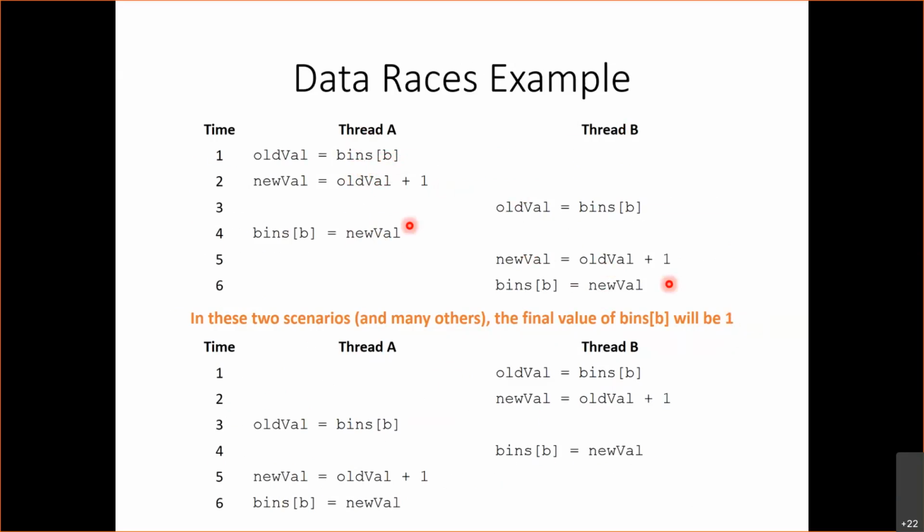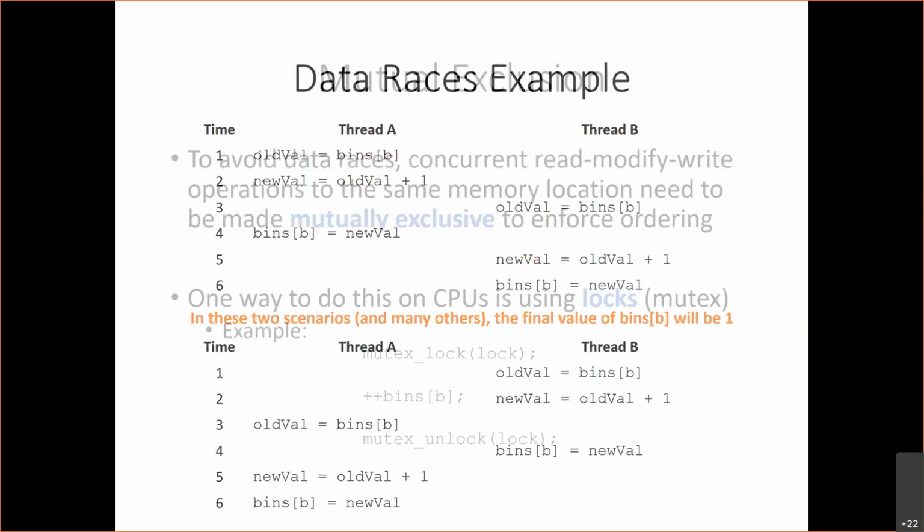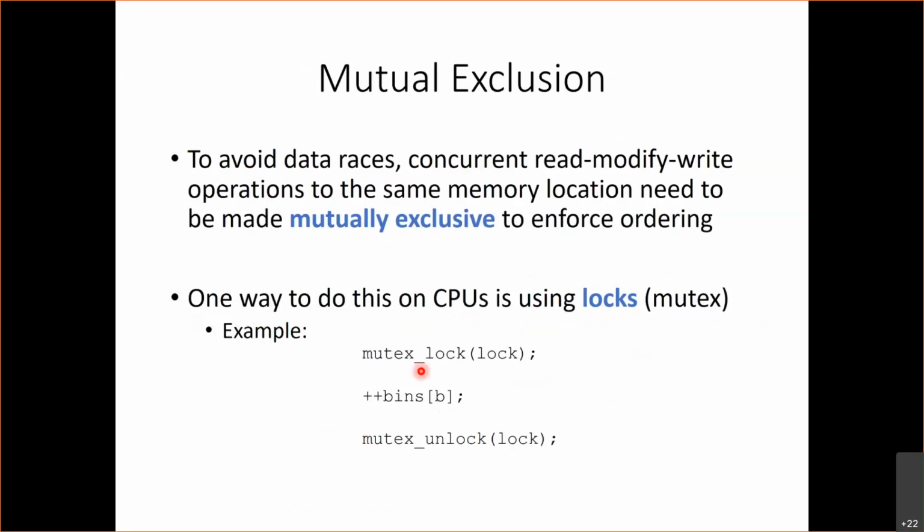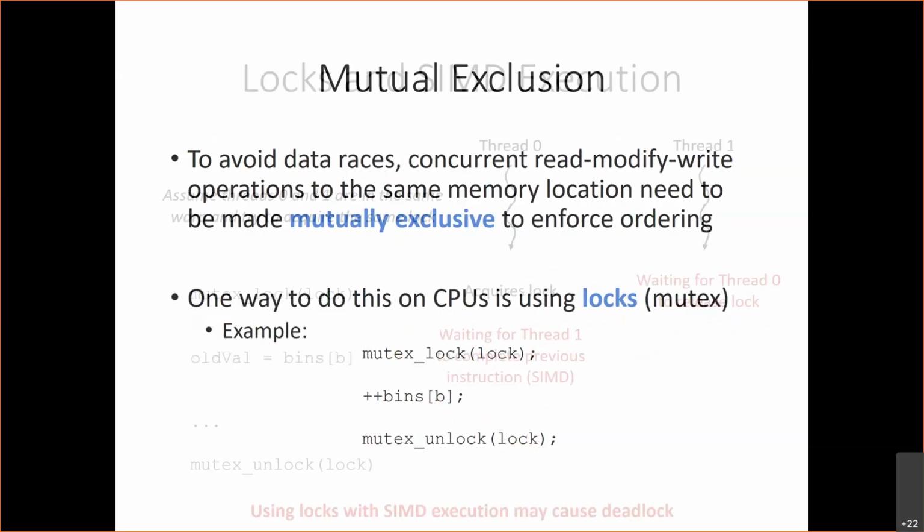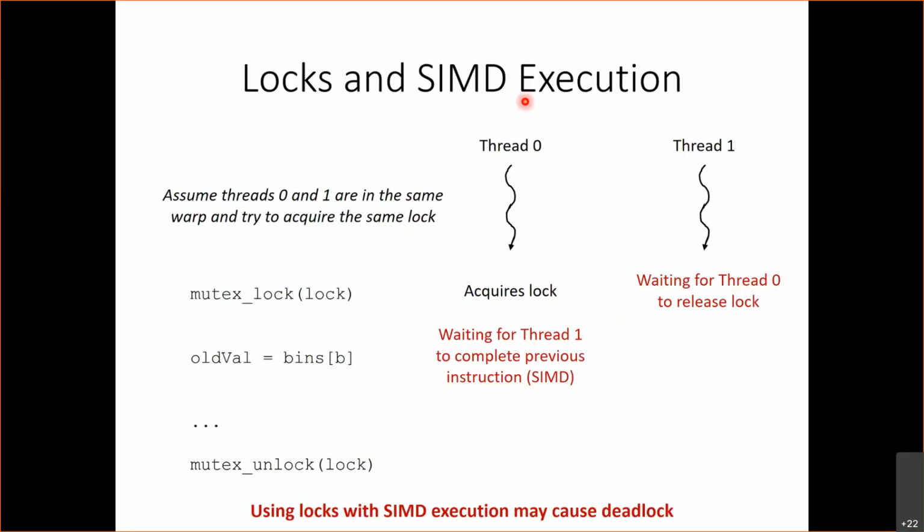And to solve this problem, what we typically do on a CPU is we use mutual exclusion, where we guard our increment using a lock. So we do mutex lock to acquire a lock, do the increment, and then release the lock. But we said that the problem with doing locking on the GPU is that whenever we mix locks with SIMD, we can cause deadlock.